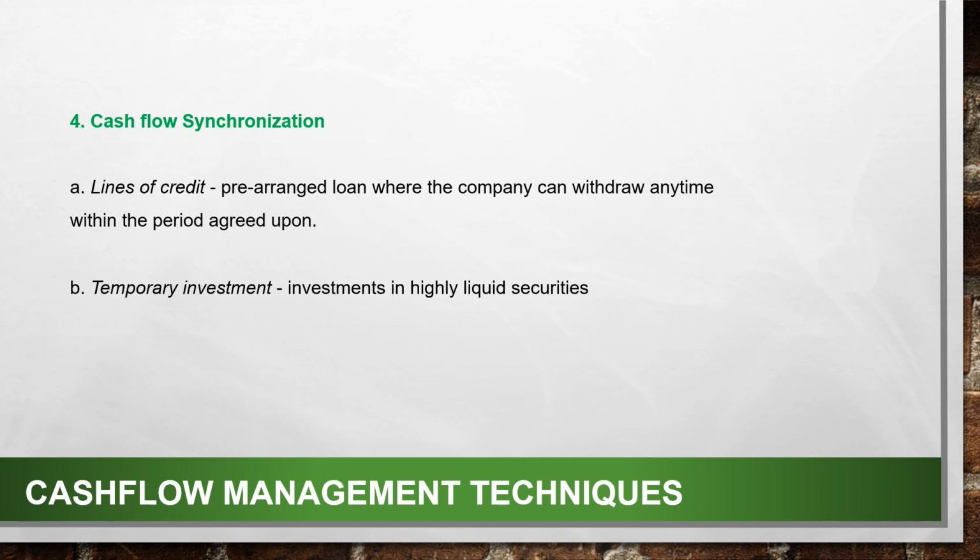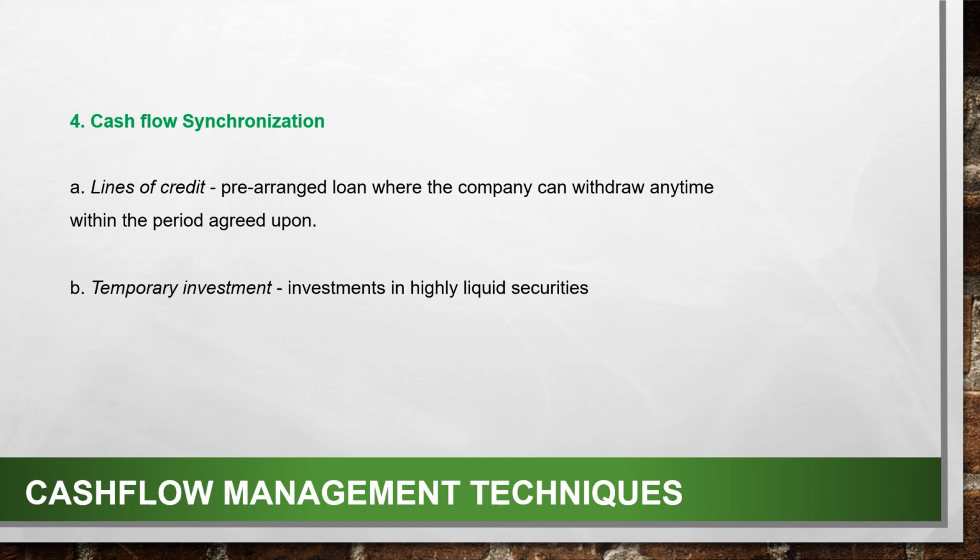So second is temporary investment. Another way is to invest in highly liquid securities. So instead of holding cash, for instance, you will hold an emergency fund for the company good for 3 months of working capital.